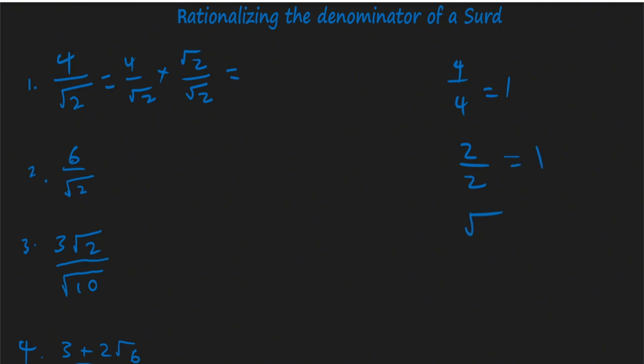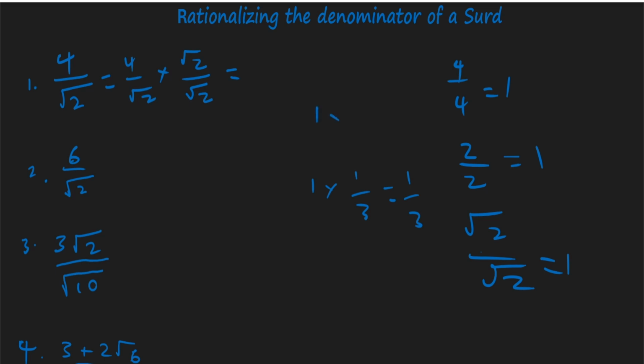Same way, if we divide root 2 by itself, we're going to get 1. And again, when we multiply 1 by a number, the value doesn't change. So 1 times this fraction 1/3 remains 1/3.